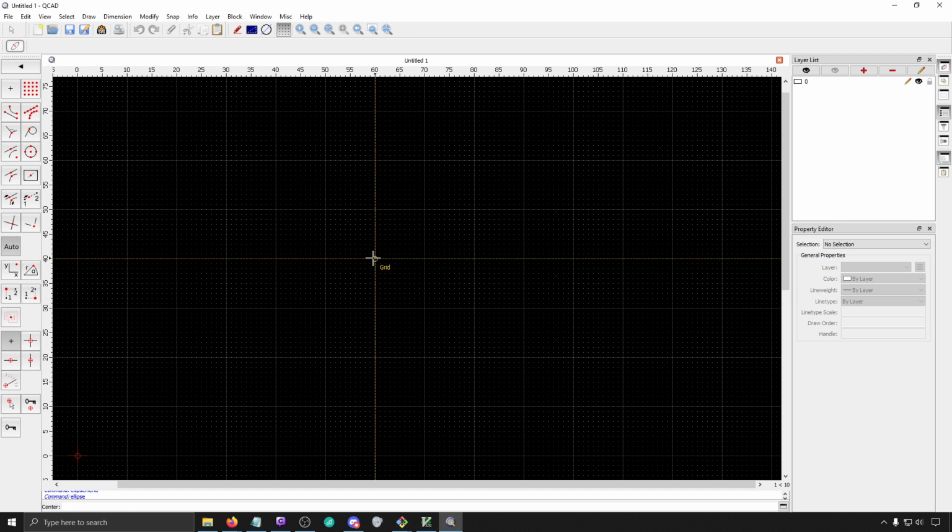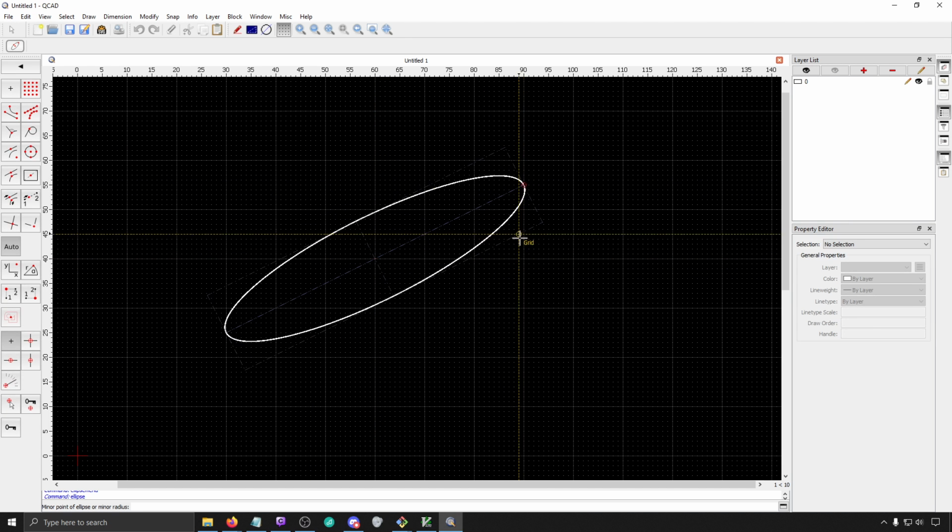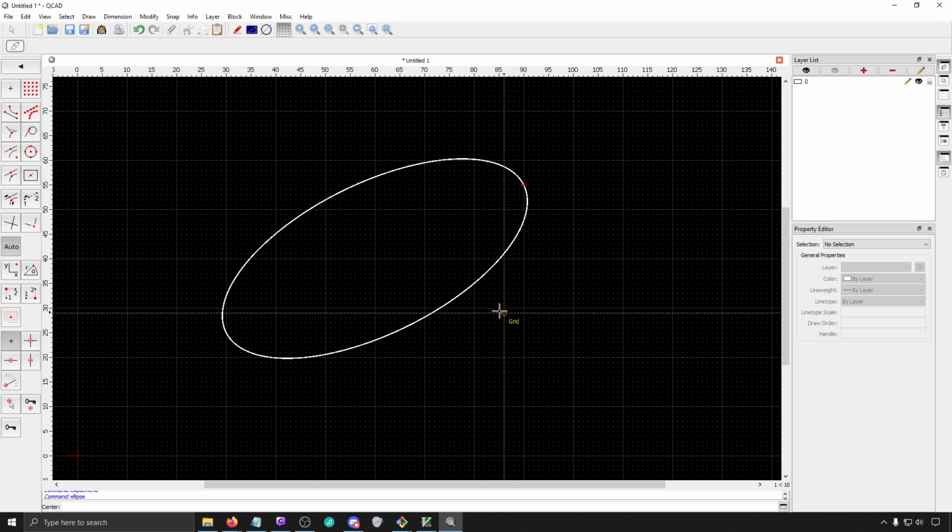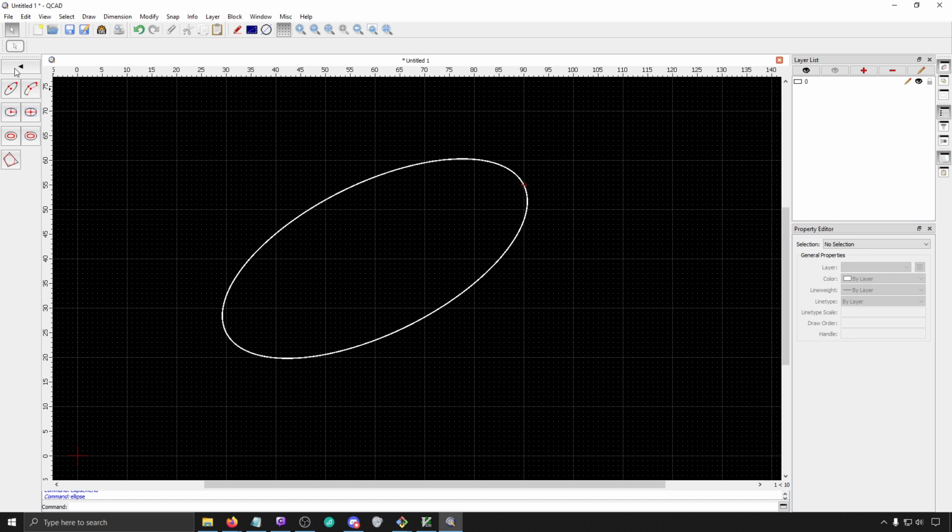So if we have an ellipse, I don't know if I have a good way to mark a point.